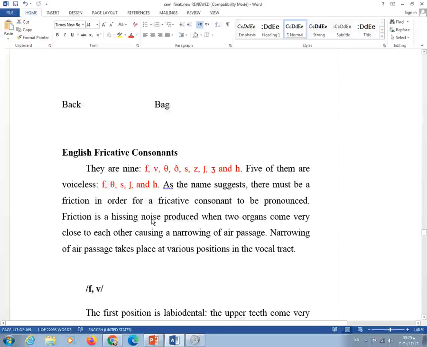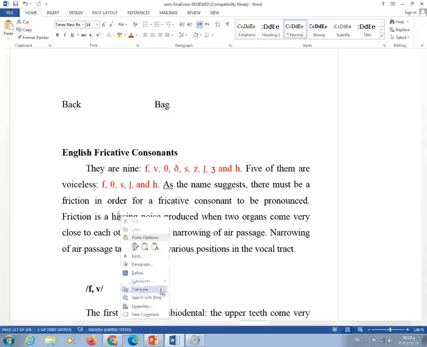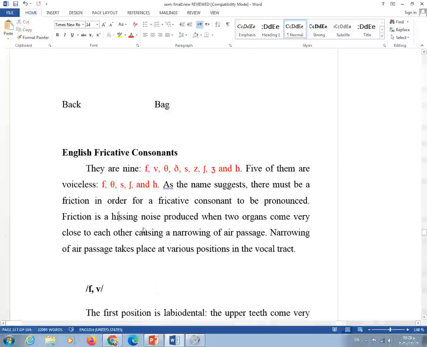And if we look at the word hissing, as you see, making some noise, okay. And it happens when two organs of speech come very close to each other, and this causes a narrowing of air passage.